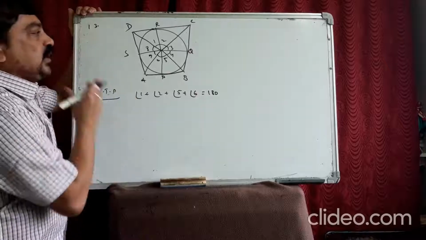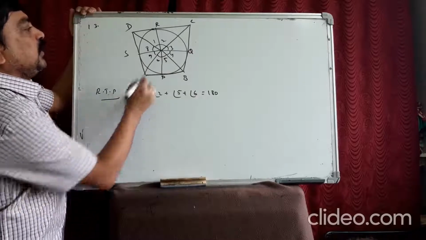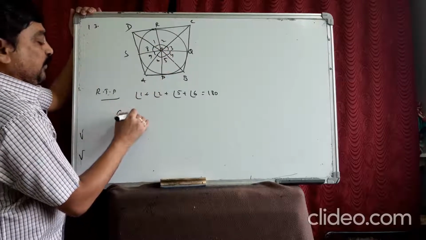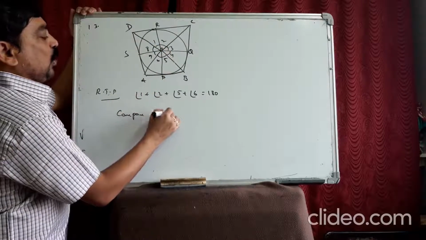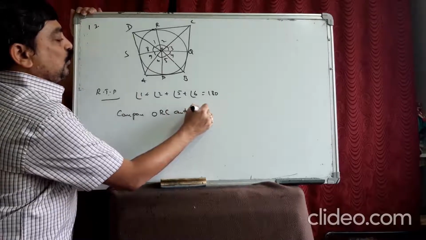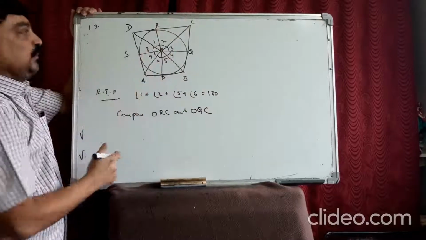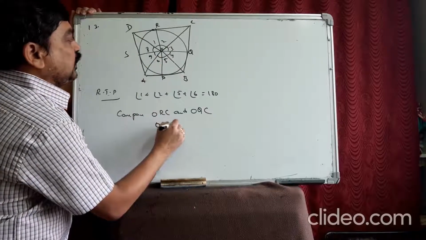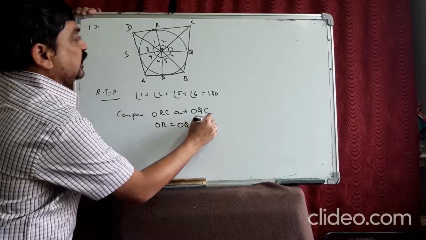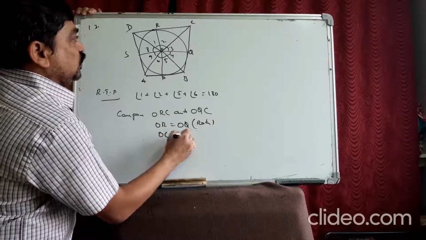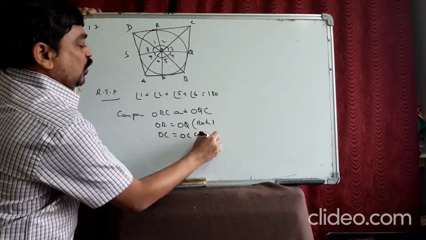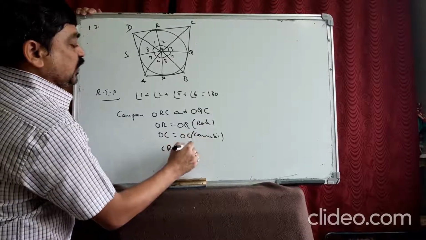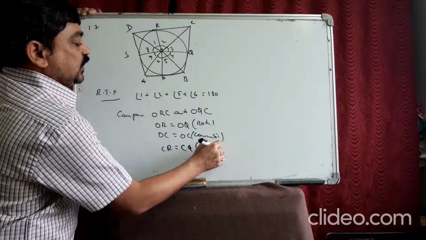So what we do here is, this is O, center, take it as O. Now compare the triangles ORC and OQC. See, these two are congruent, because OR is equal to OQ is equal to radius, and OC is equal to OC, common side, and also CR is equal to CQ because the lengths of the tangents are equal.